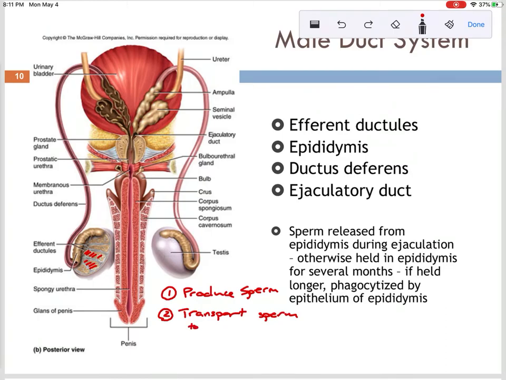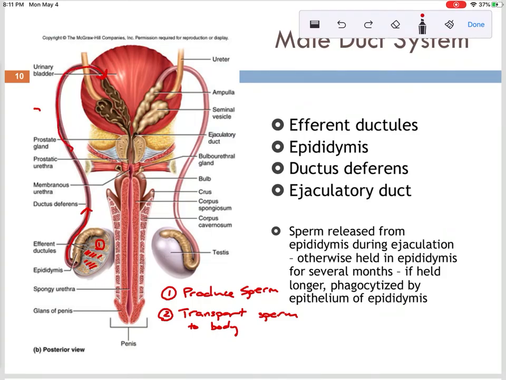After sperm is produced, we've got to transport that sperm. So these are the functions in order. Transport the sperm to the body. And that's what we're going to talk about here in these ducts.